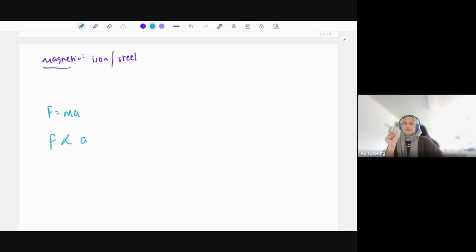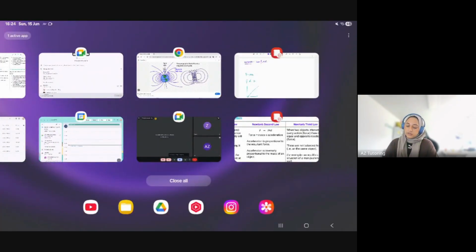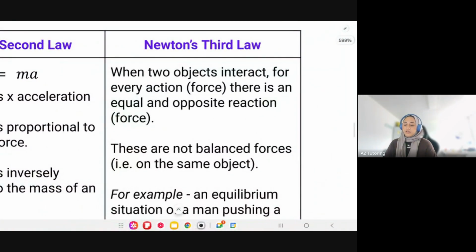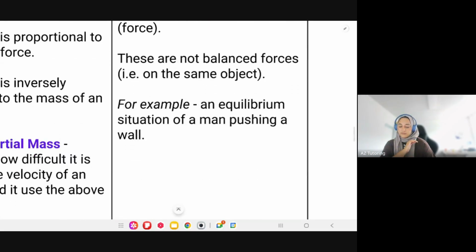Because I've got a direct proportion relationship, remember direct proportional looks like that. They might tell you to identify the graph. If you increase acceleration, you're increasing force is what that relationship means. And then the third law says when two objects interact, for every action, there's an equal and opposite reaction. So for example, if I'm pushing a wall, the reason why the wall's not falling over is because there's an equal and opposite force acting upon me.